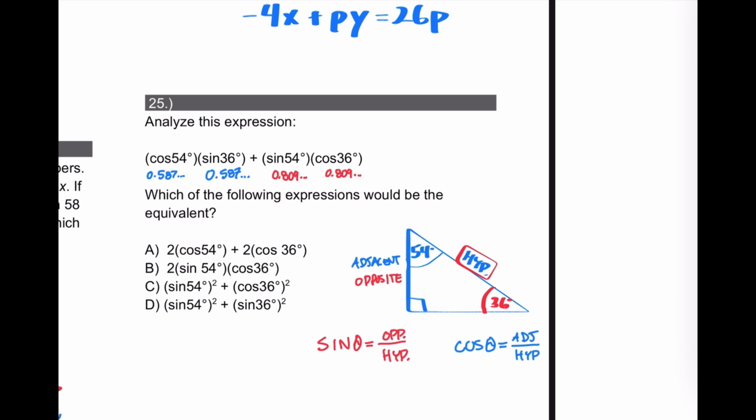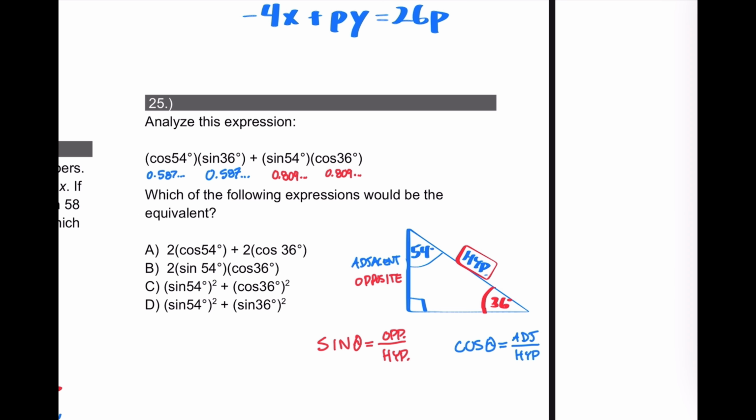It's an irrational number. And then when you punch in the sine of 36, you actually get the exact same value. Same thing with the other side. You get 0.809 and a whole bunch of numbers. So you'll notice each of those is actually the same value.